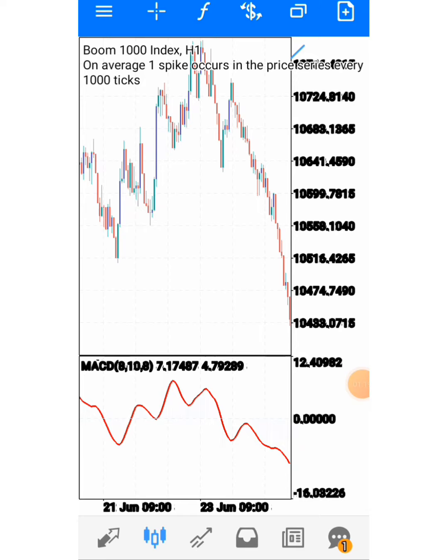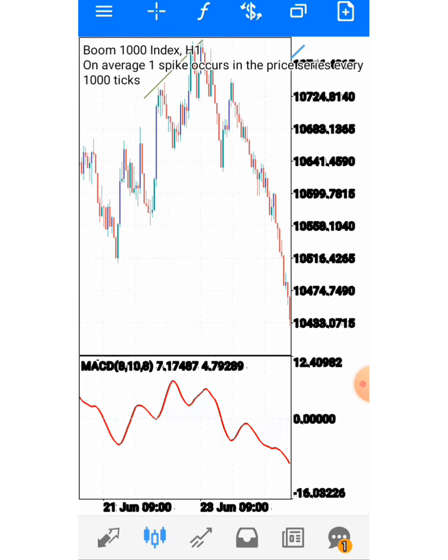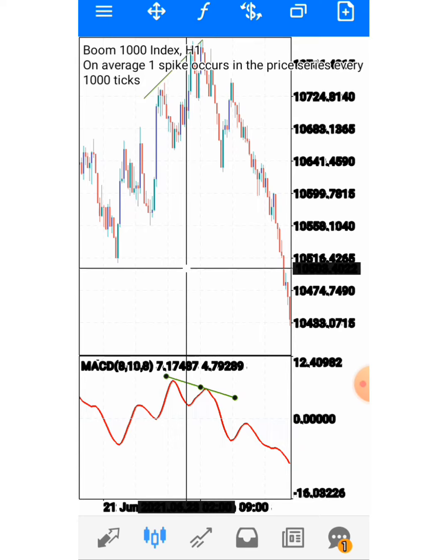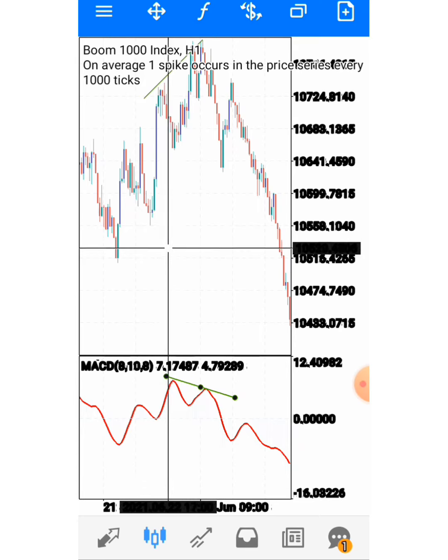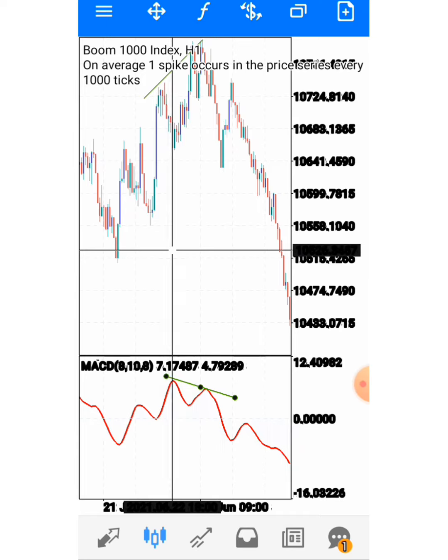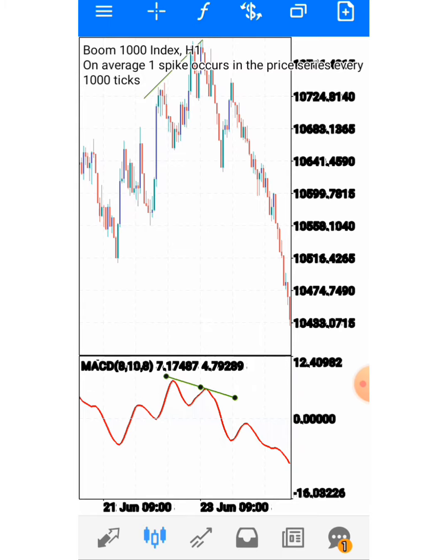You can see I draw my trend here, price making a higher high, then I draw my trend on this indicator, price making a lower high. So let me use this cross here and show you. In this place price is making the difference. Look at it.